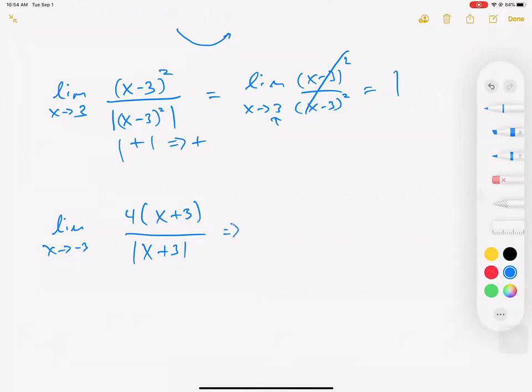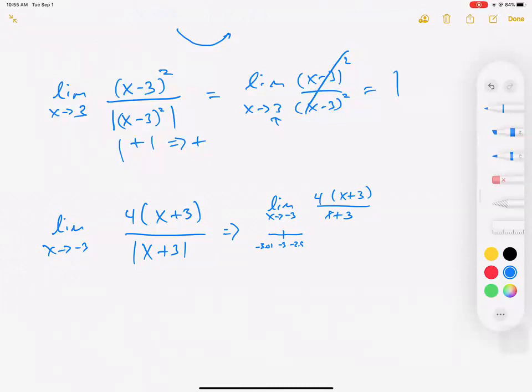We break this up into two versions. The limit as x approaches negative 3 of 4 times (x plus 3) over x plus 3. If I look at the number line, negative 2.9 is on the right of negative 3, and negative 3.01 is on the left.